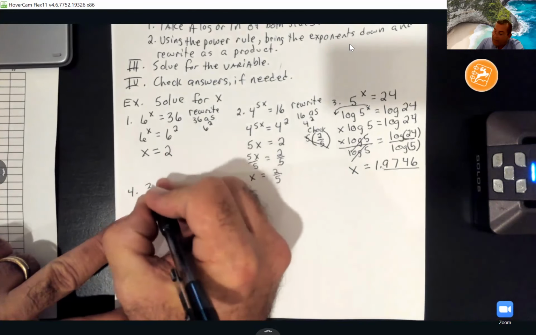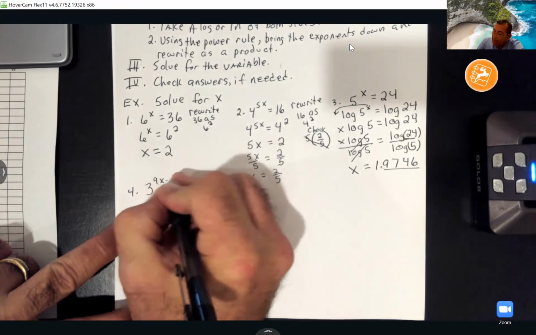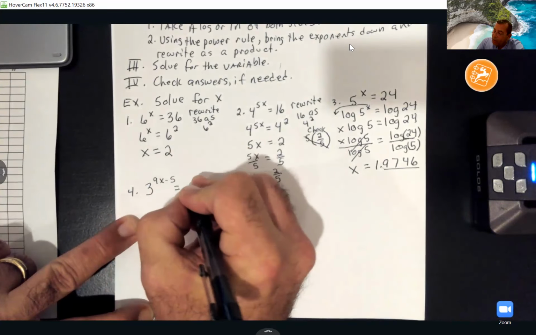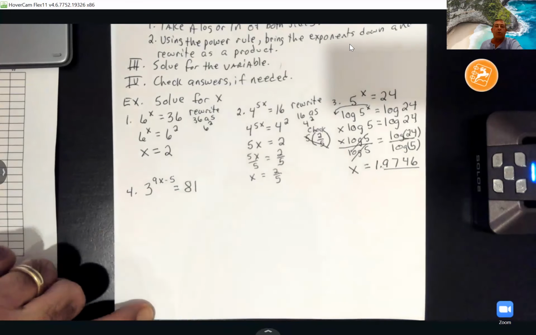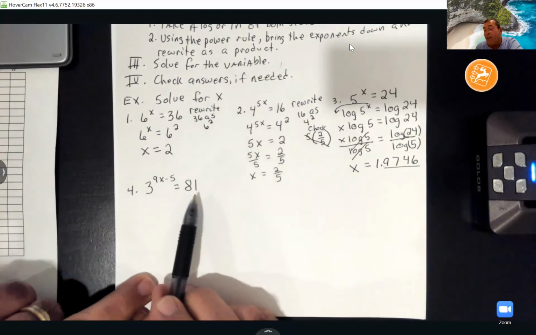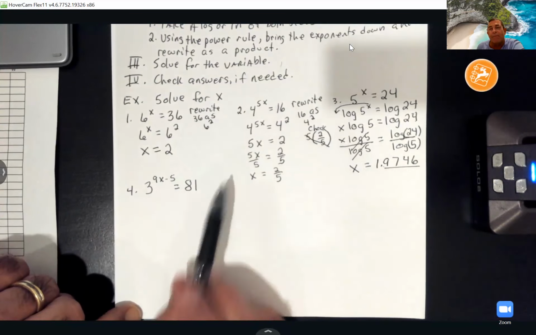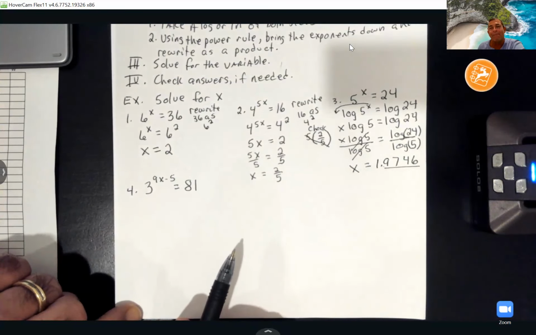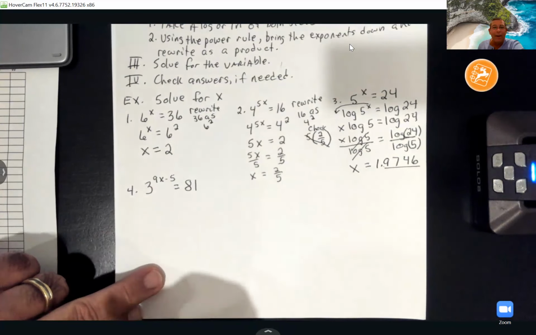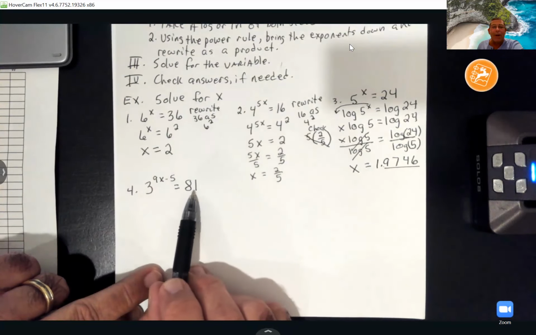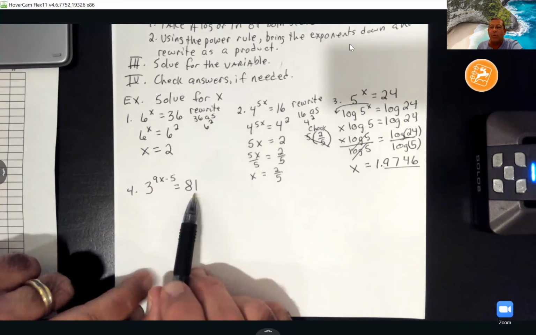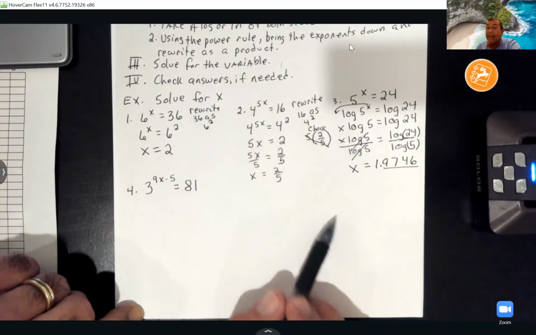3 to the 9x minus 5 equals 81. So can we rewrite 81 using 3 raised to an exponent? Well, y'all, I would definitely think so, because the easiest way to get an 81 is a 9 times 9.